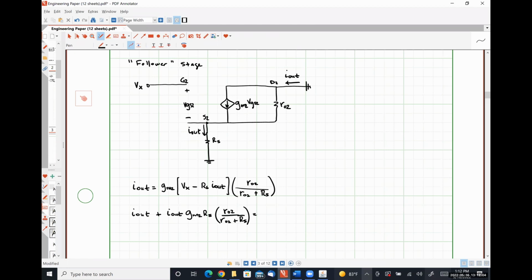On the right hand side, I'm going to have Vx times GM2 R naught 2 over R naught 2 plus RS.